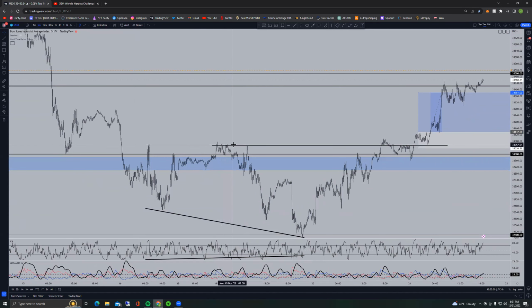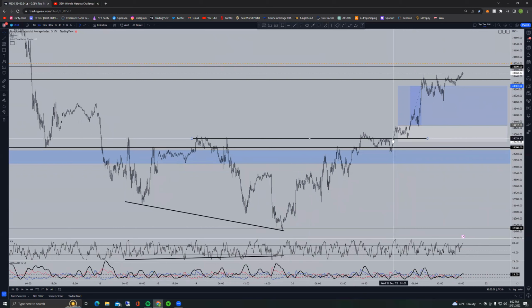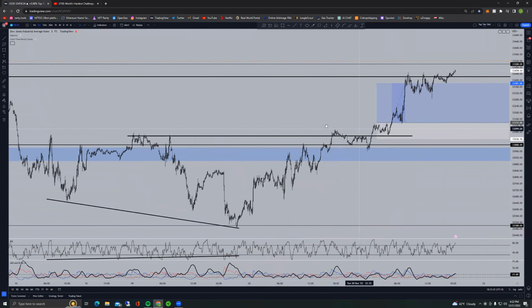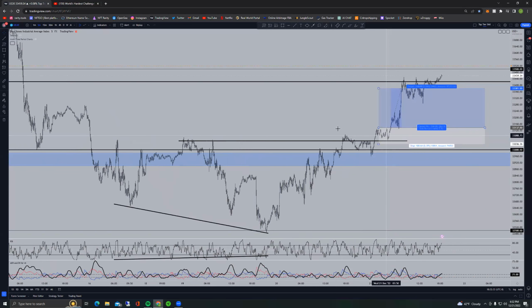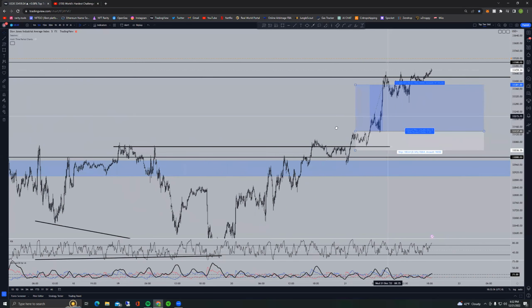It resisted this price here, broke, tested this 32,000, broke above again from this trend line, and then tested this at 33.58 or 33.60. Now that brings me to finding a buy setup after it broke above this resistance, newfound support. Now that this is support, you obviously have to find buys in a support area.